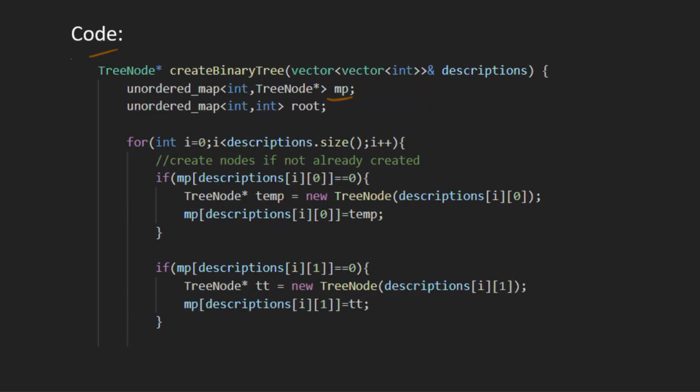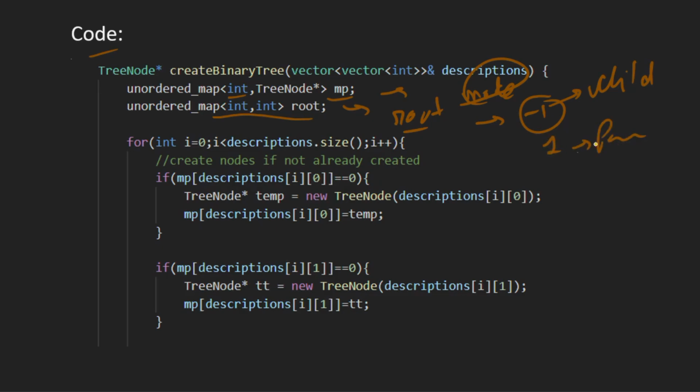We have taken a map which will store the tree node, and there is another map, root, that is to store whether a node is child or it is a parent, like can be a root node, right?